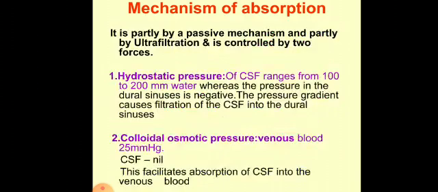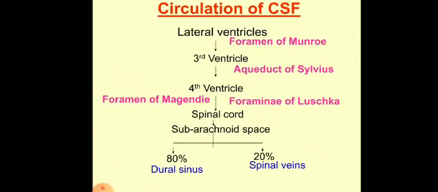And there's one more point which also contributes to the mechanism of absorption: CSF is also drained by bulk flow by forming vacuoles through the endothelial cells. So that is also one way of absorption of the cerebrospinal fluid.